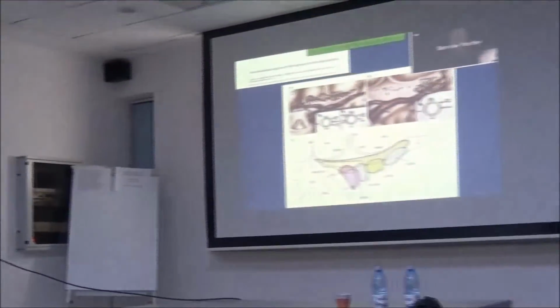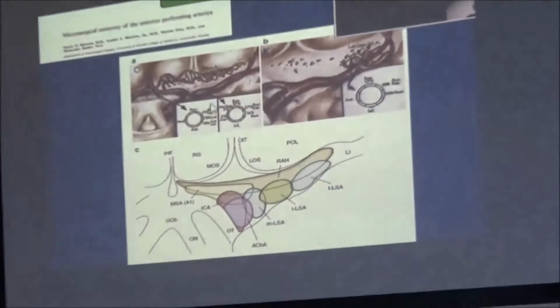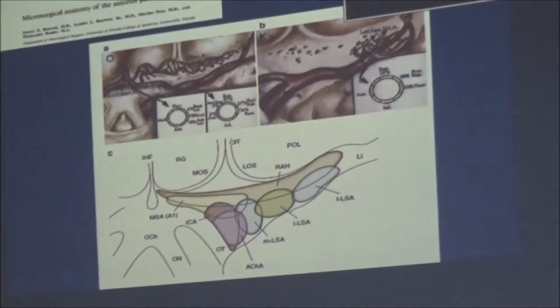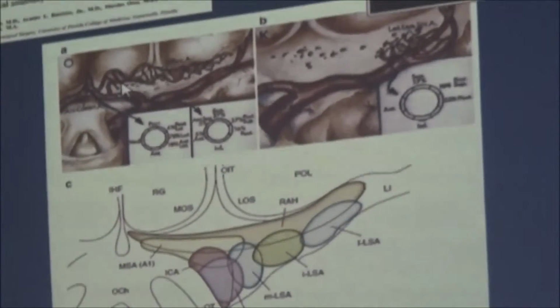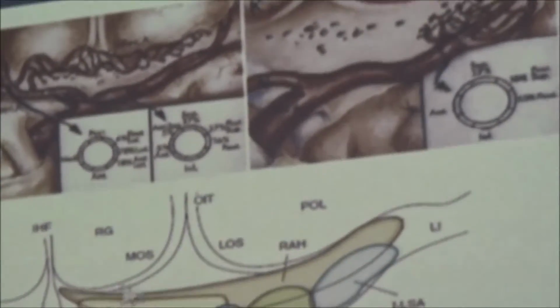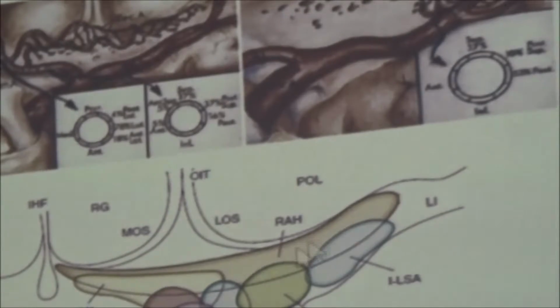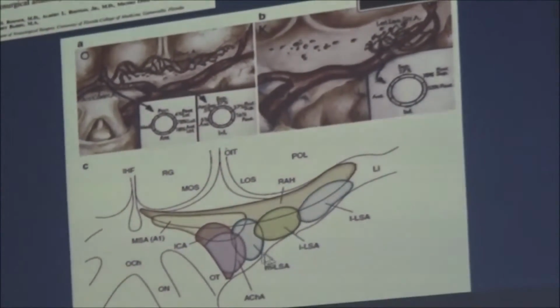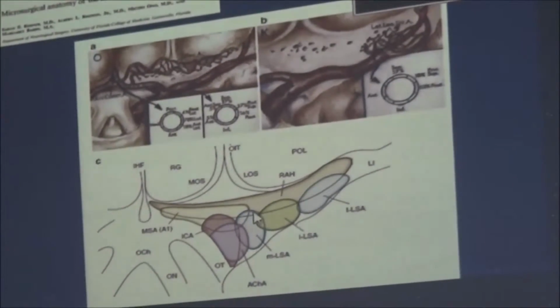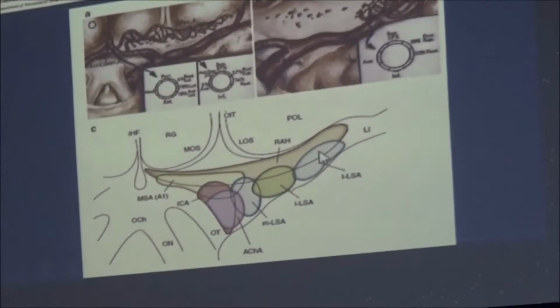So this is the anterior perforated substance, and you can see Heubner. It comes out usually posterolaterally here, mostly on the front side, and you can see all these small arteries going to the superior side of the perforated substance, and then you see the lenticulostriates. There's medial, inferior, and lateral.